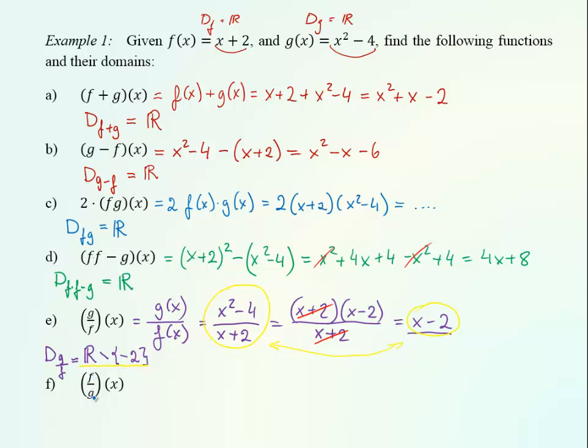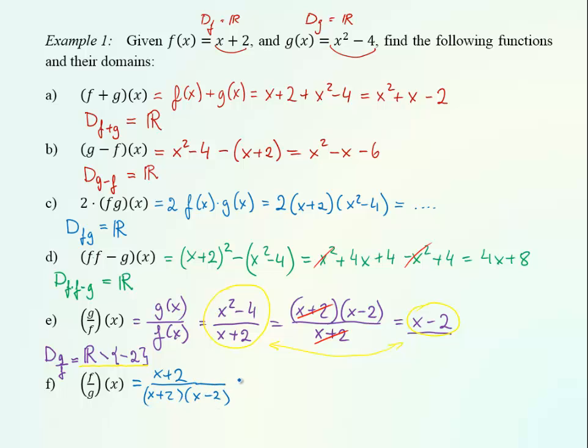And finally, let's consider f divided by g function. So f of x is x plus 2 and g is x squared minus 4, which factors into x plus 2 and x minus 2.